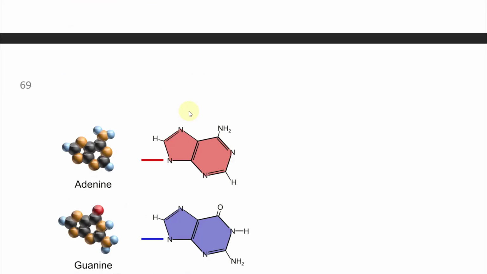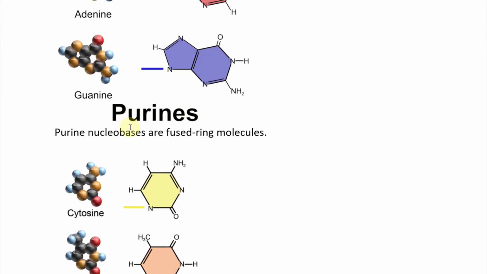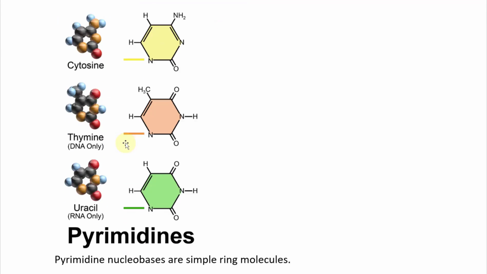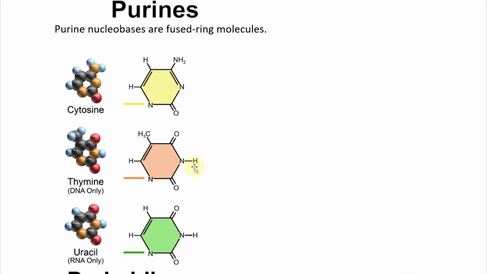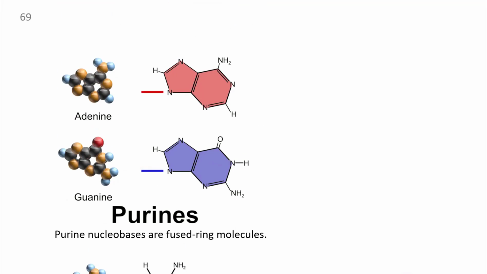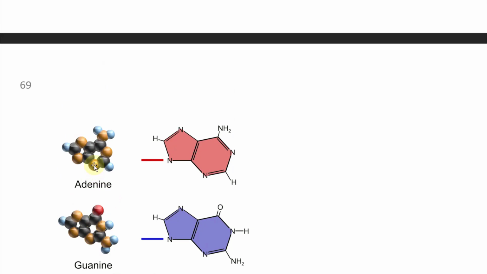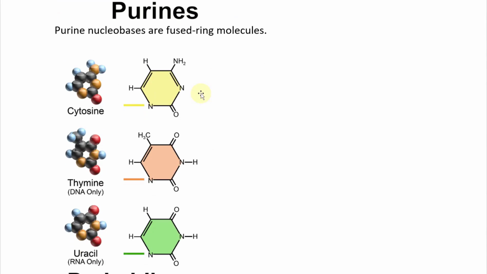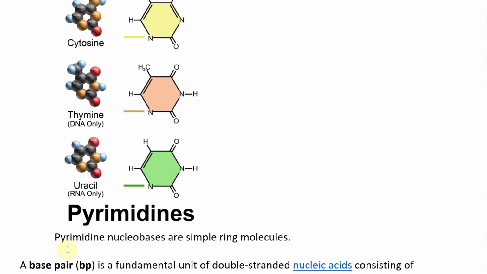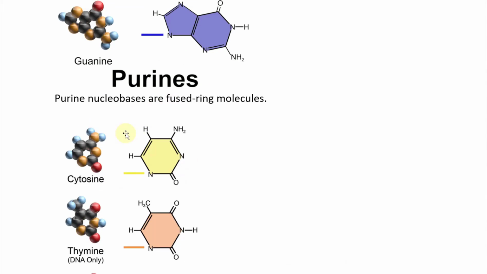And going further, you can categorize these as purines and pyrimidines. So right here, purine nucleobases are fused ring molecules. This is the A and G, so you have 2 rings right here, and they're fused together. Pyrimidines are nucleobases that have just simple ring molecules. So just a ring right there, ring right there, ring like that.